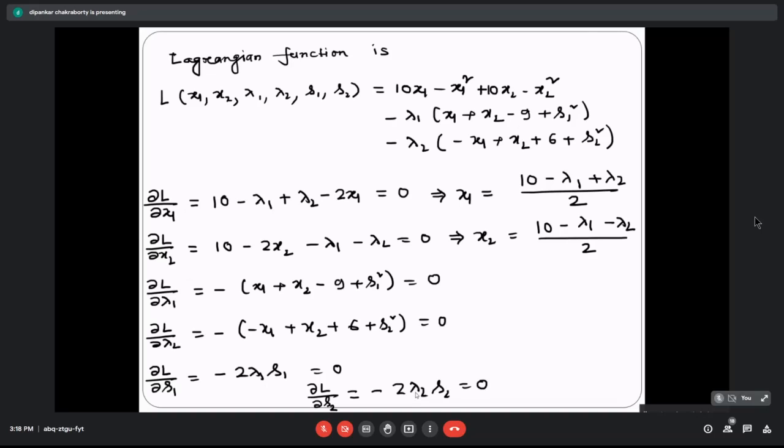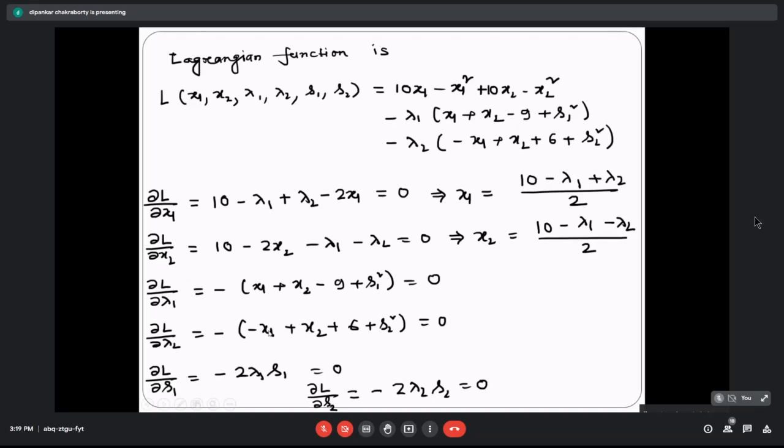As we need to consider 4 variables here, we are going to assume a combination of lambda 1, s1 and lambda 2, s2 as 0, so that the number of variables reduces to 4, and we can solve the system of linear equations, right?